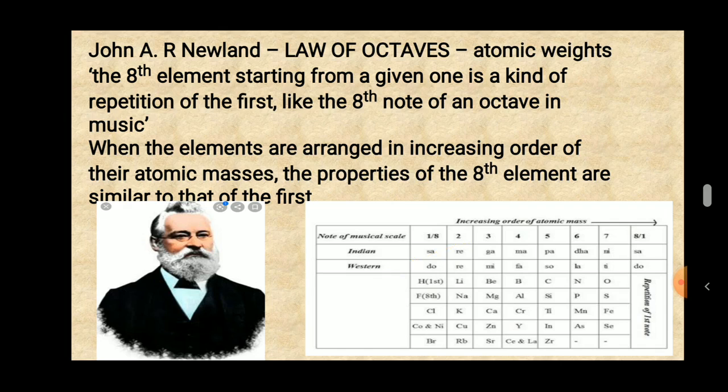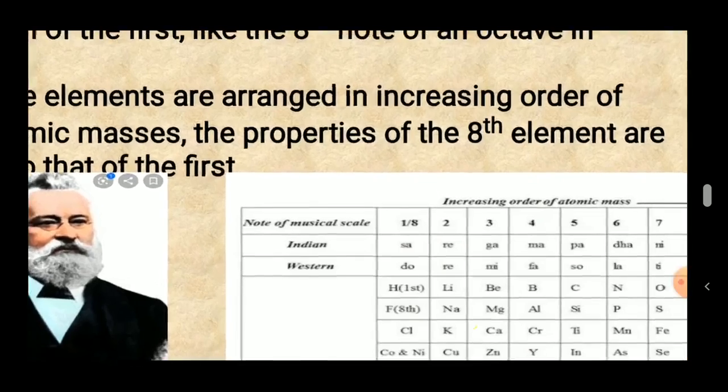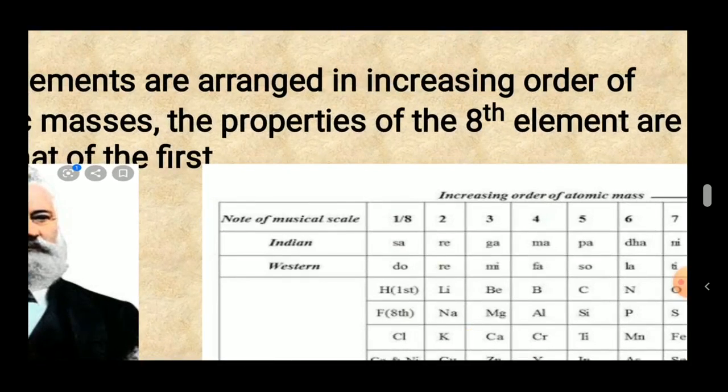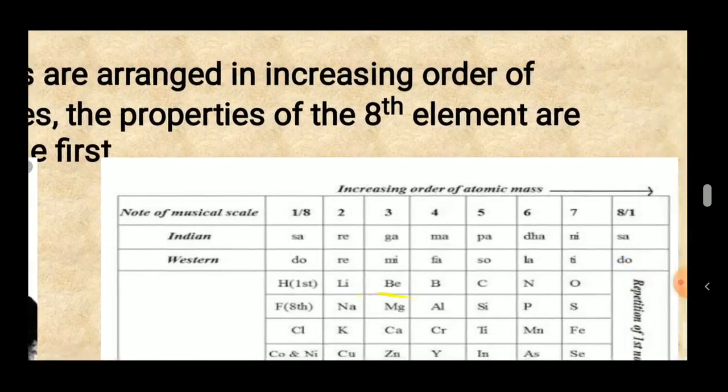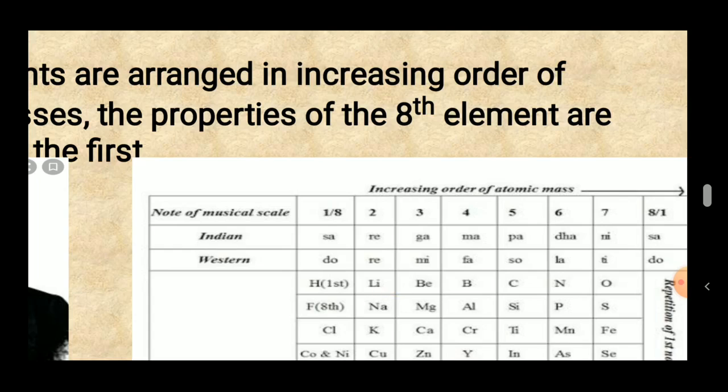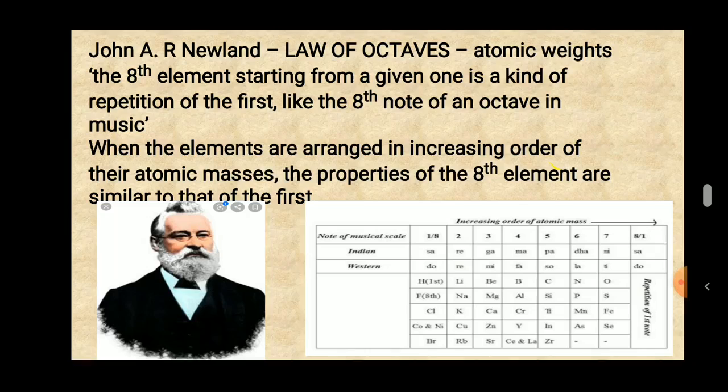Now, musical notes: you can see here the Indian musical notes, sa re ga ma pa da ni sa. These are 7 musical notes. Based on the musical notes we are comparing the elements. How did we compare?